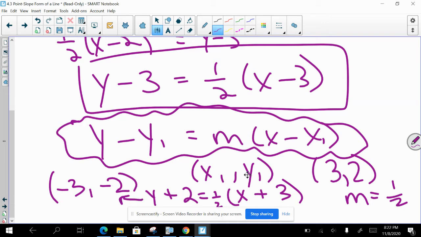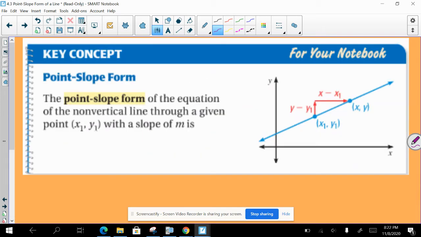If they're minus, then the points are just the numbers as is, so 2 and 3. So one thing to notice is that the numbers for x and y are opposite of what they look like in the equation. So let's do a few examples.